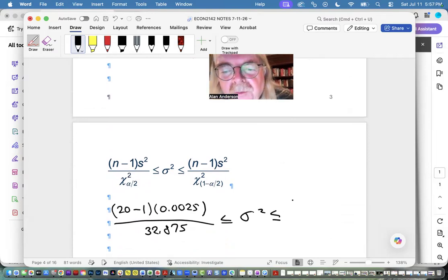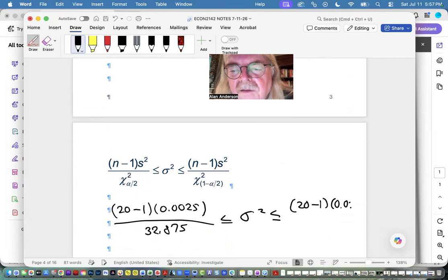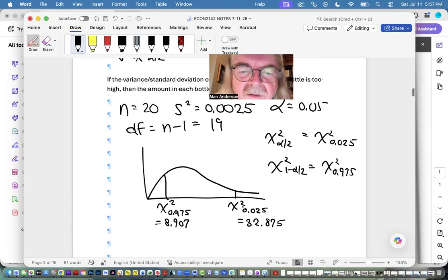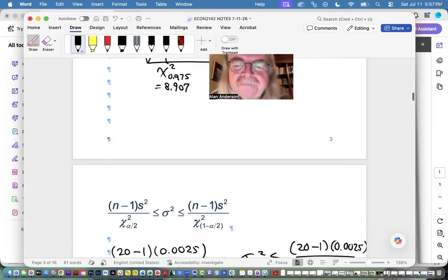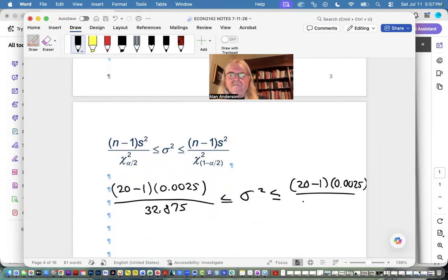Now for this one, the numerator is the same. The denominator is the 8.907. So now you just take out your calculator and let's see what we get.